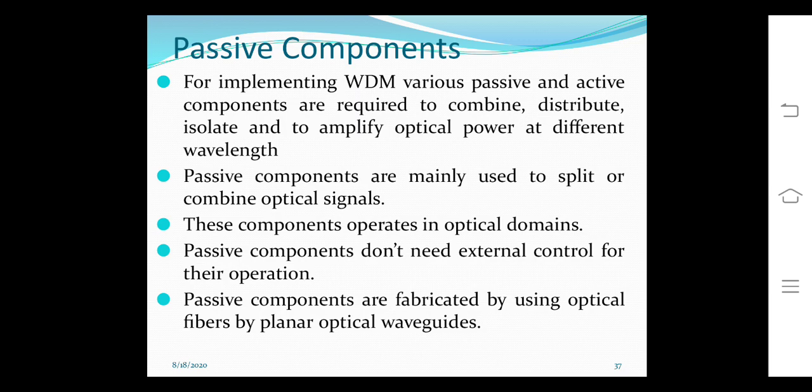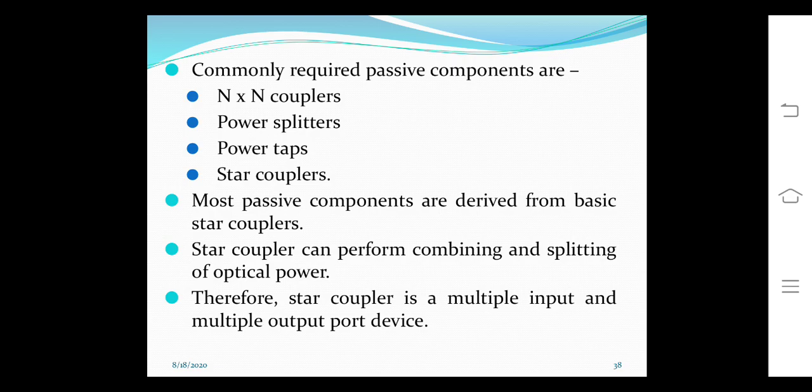The passive components are fabricated using optical fibers or planar optical waveguides. The commonly required passive components are N cross N couplers, power splitters, power taps, and star couplers. More passive components are derived from basic star couplers. A star coupler can perform both combining and splitting of the optical power. It is a multiple input and multiple output port device.